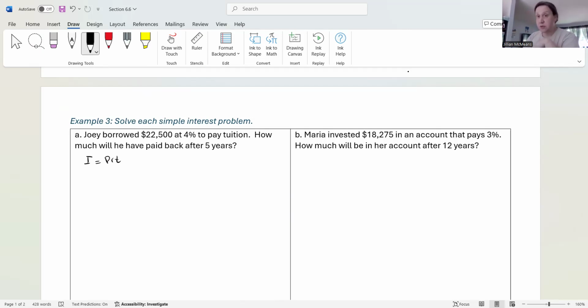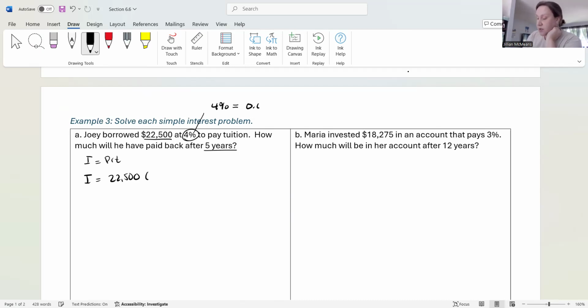Okay, so the first thing we want to do here is just calculate the interest. Okay, so we know that Joey borrowed 22,500 at 4%, and he borrowed it for 5 years. So let's figure out just how much the interest is for now. So we would take 22,500 times the interest rate. Hopefully we're getting better at converting percents to decimals. So 4%, we drop the percent symbol and we move the decimal to the left twice.